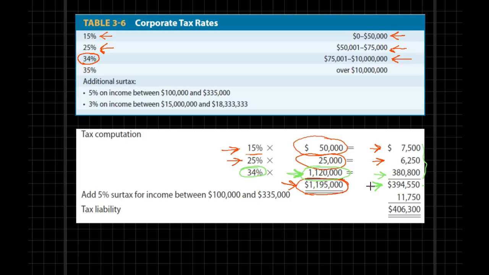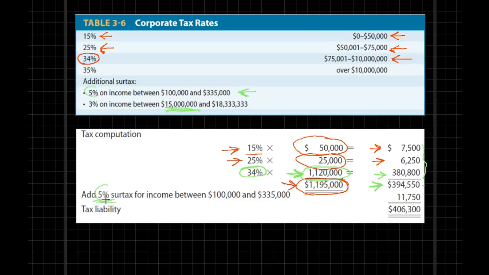But then we have to pay also a 5% surtax. And the reason for that is because our income surpasses this additional tax bracket. So that's important for us. As a result, that 5% will apply, but not the 3%, because our income is not more than $15 million. So I hope it's clear here.